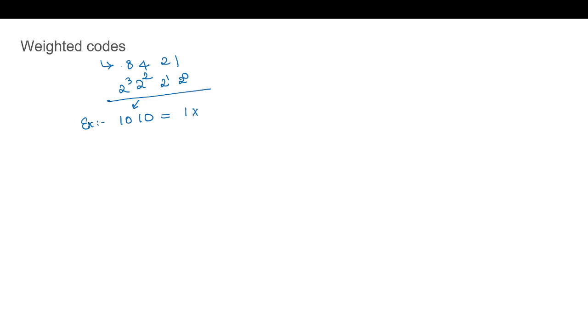It is 1 into 2 to the power 3, which is 8, plus 0 into 2 to the power 2, 4, plus 1 into 2 to the power 1, which is 2, plus 0 into 1. So the value is 8 plus 2, 10.